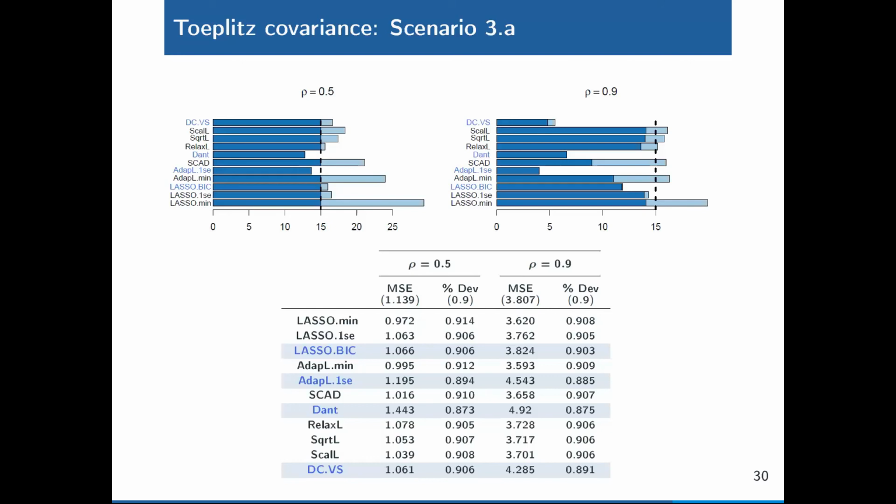However, there are other algorithms which try to interpret the structure of this covariance matrix, such as the adaptive Lasso taking lambda within one standard error, the damping selector, and we can also include the distance correlation for variable selection.